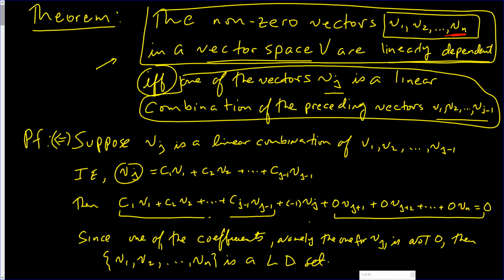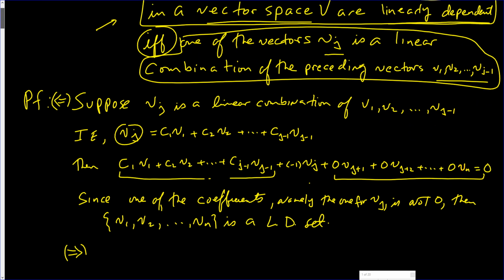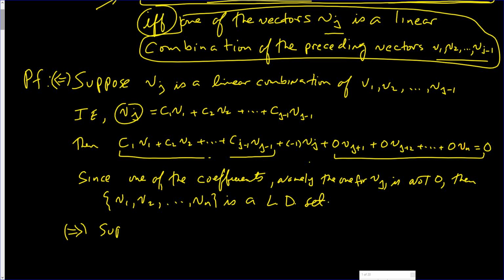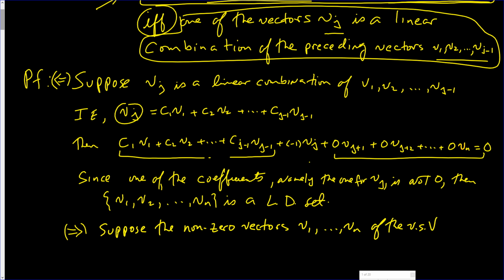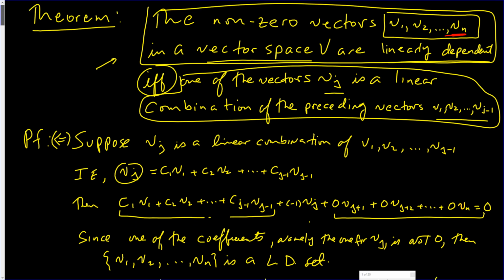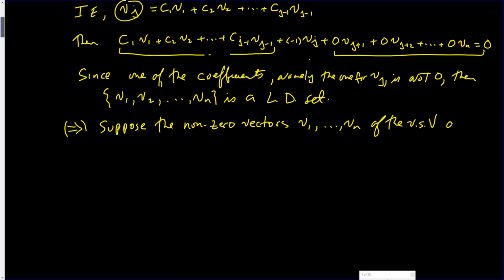I want to assume, suppose the non-zero vectors V1 through Vn of the vector space V are linearly dependent.